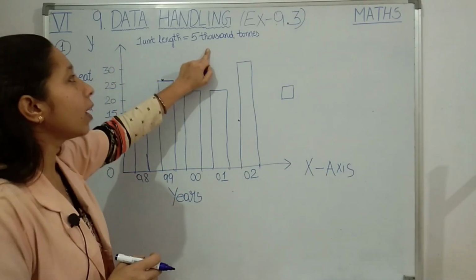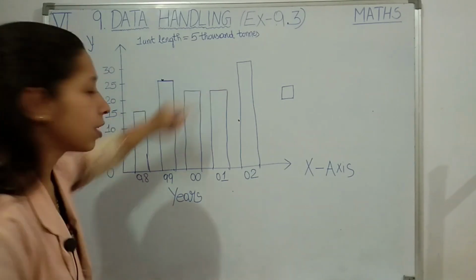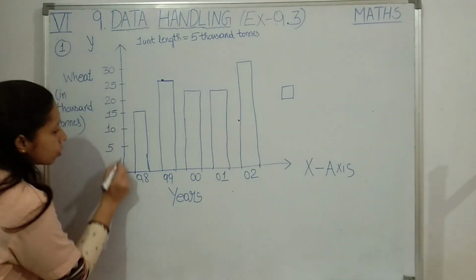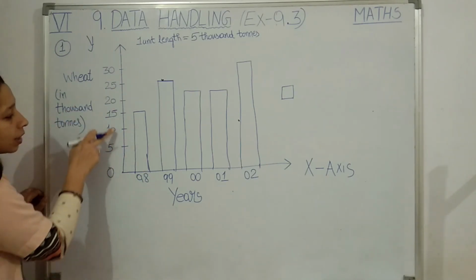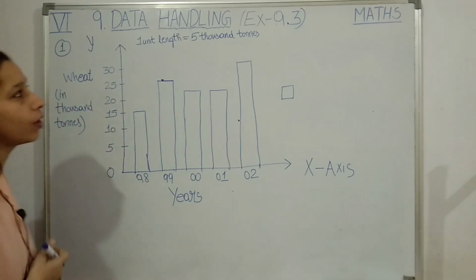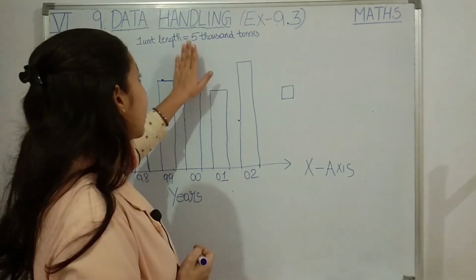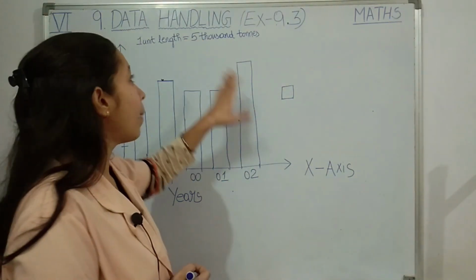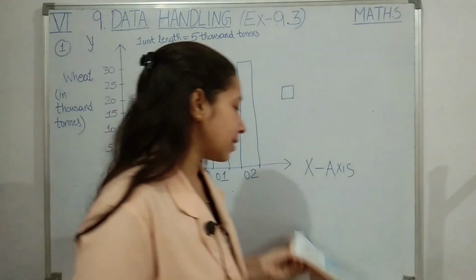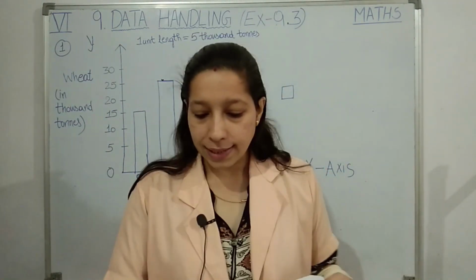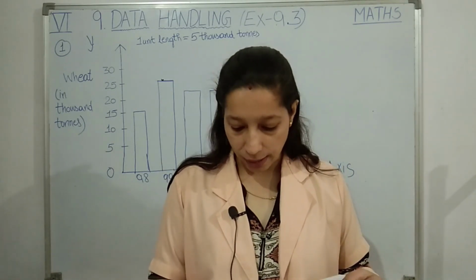So 1 unit is showing how many tons? 5000 tons. So students, we start from 0. 0 to 5 means 5000 tons. Then again another box will show 10,000 tons. Like this it will go on. So this is the scale. Again, this is a must. While you draw the bar graph, you should write the scale. Okay students, now we can see the exercise. Exercise 9.3 question number 1.